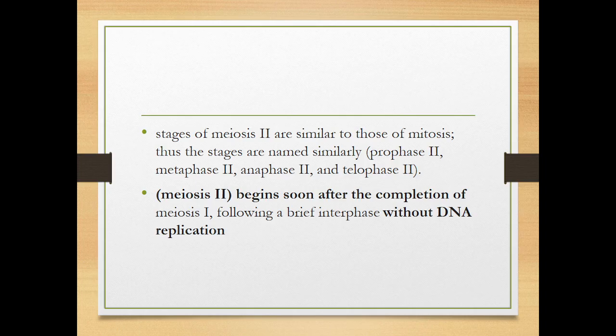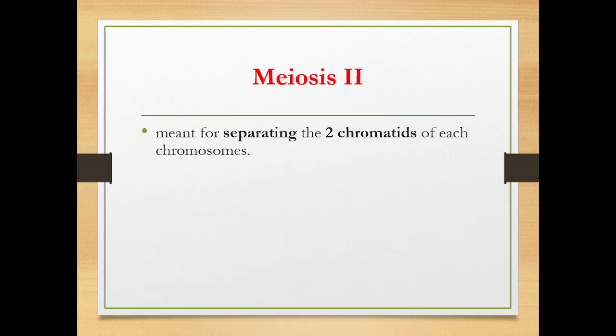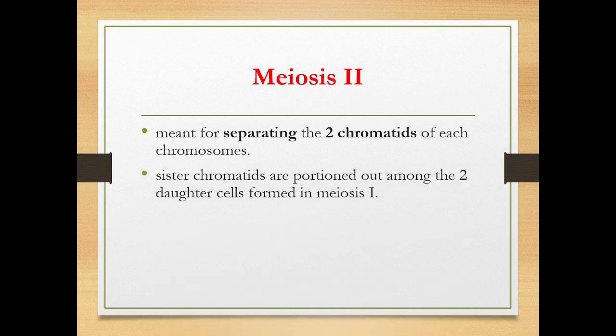Meiosis 2 normally begins soon after the completion of meiosis 1, following a brief interkinesis which has no DNA replication. Meiosis 2 is meant for separating the two chromatids of each chromosome, and the sister chromatids are portioned out amongst the two daughter cells formed in meiosis 1.